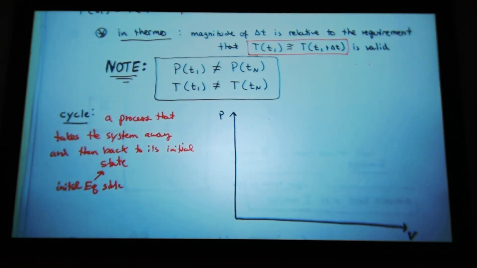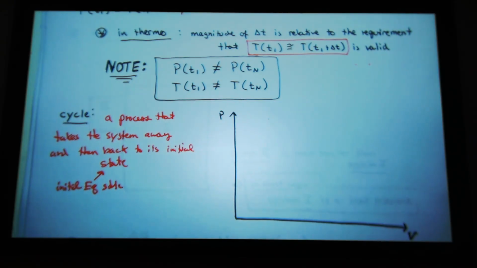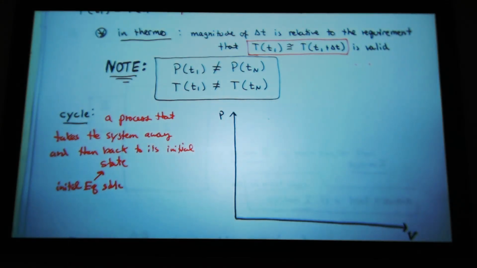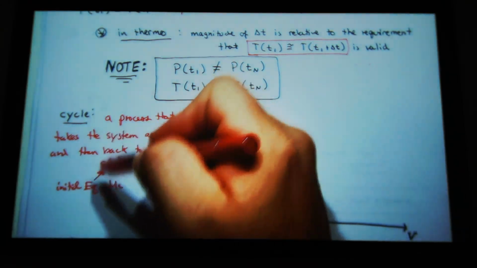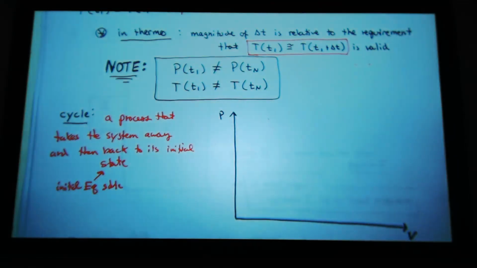Okay, so we can talk about non-equilibrium cycles. That's really complicated stuff. Let's just stay in the equilibrium realm of thermodynamics. We can define a state as something non-equilibrium, but that's a whole other area. Let's just say we take a process and we go from an initial equilibrium state, we take it away from that initial equilibrium state, and then we bring it back.